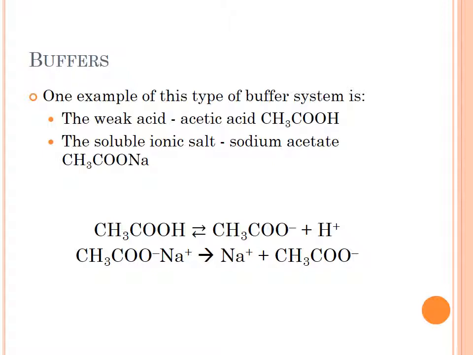And then we've got sodium acetate. It's not in equilibrium, but it will split into sodium ion and acetate ion. So there are two sources of the acetate ion. That salt contributes a large amount of acetate ion, where the equilibrium will generate a little bit, but not a huge amount.